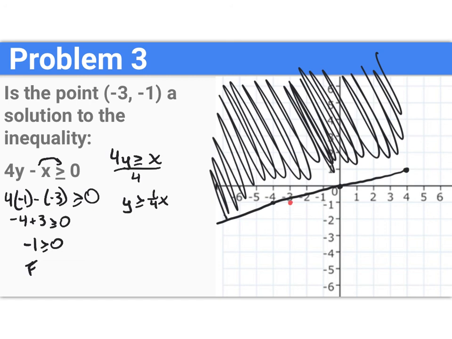So again, when you first graph inequalities, please take some test points. You may be asked these questions in this way, you may not be, but please take a test point in the solution set, on the line, and outside of the solution set, and check your answers, make sure they're correct.